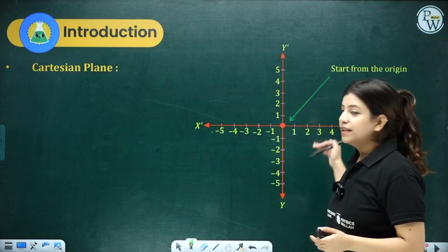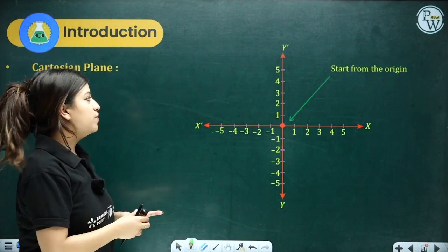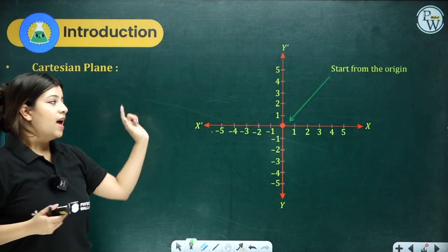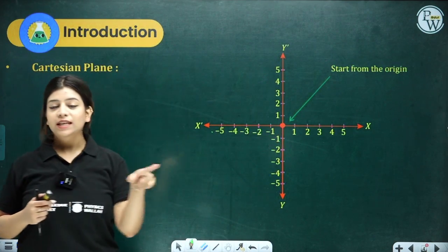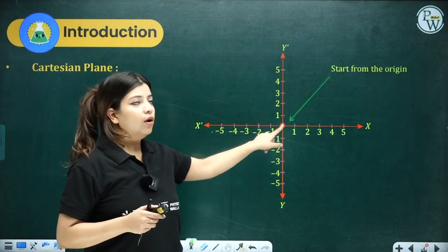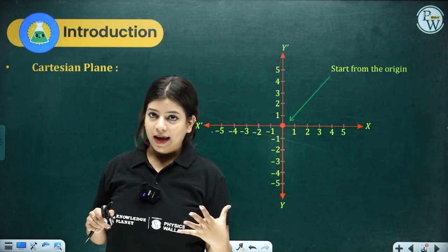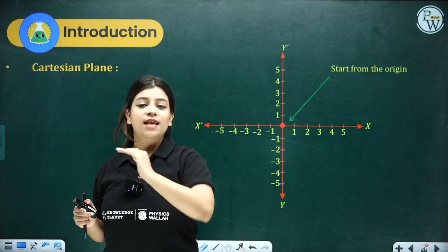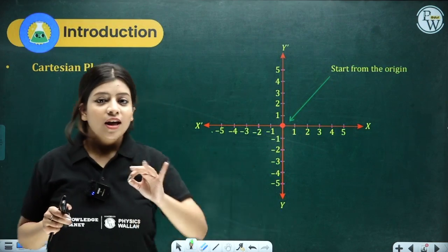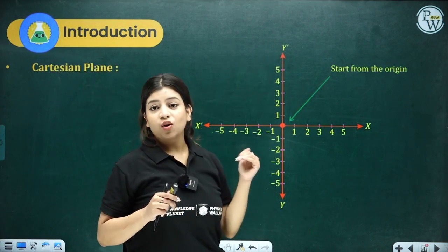This horizontal line is known as the x-axis, the vertical line is known as the y-axis, and the point at which these 2 lines intersect each other is known as the origin. The positive side of the x-axis is called x, the negative side of the x-axis is called x dash, the positive side of the y-axis is called y, and the negative side is called y dash.